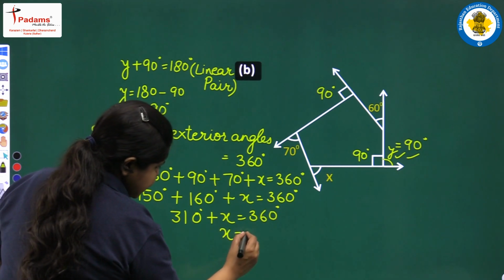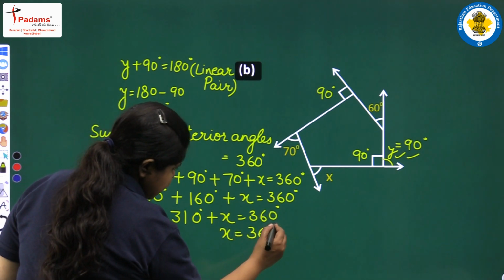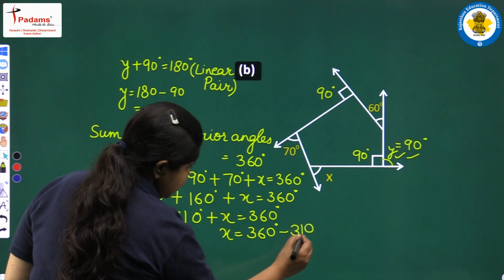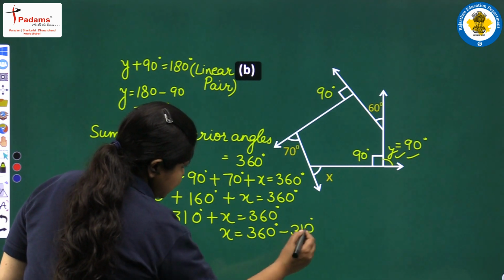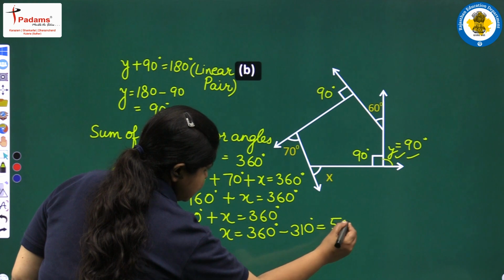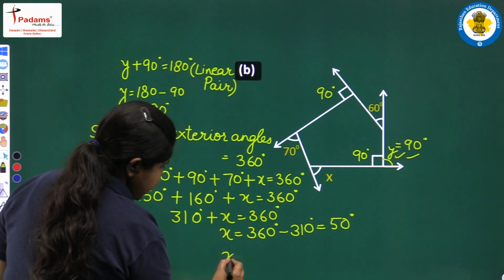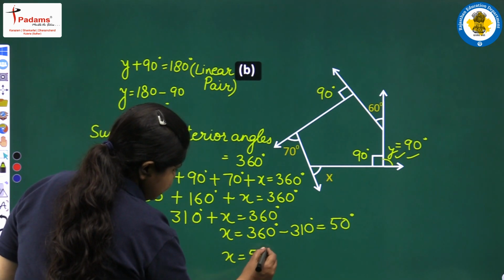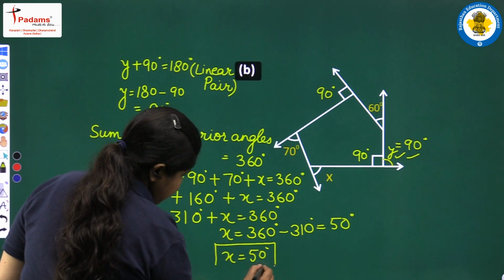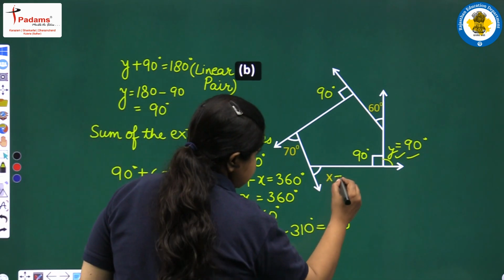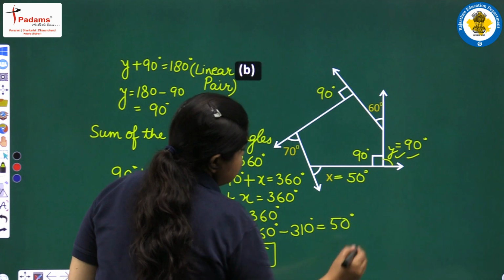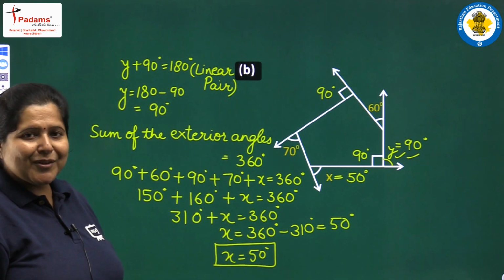This will give us x equal to 360 degrees minus 310, and this is equal to 50 degrees. So, clearly x is equal to 50 degrees and this was asked. This is the answer. Clear to you?